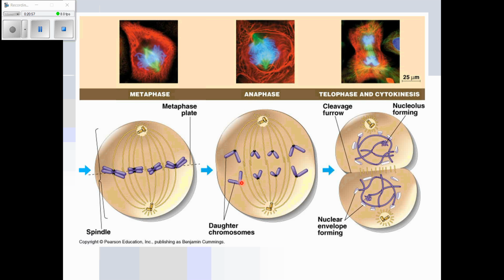So this is a complete copy of the chromosome. Here is another complete copy of that same chromosome. And so we want one copy of each chromosome to be pulled to this end, and we want an identical copy of each chromosome to be pulled to the other end. That's the whole point of anaphase.